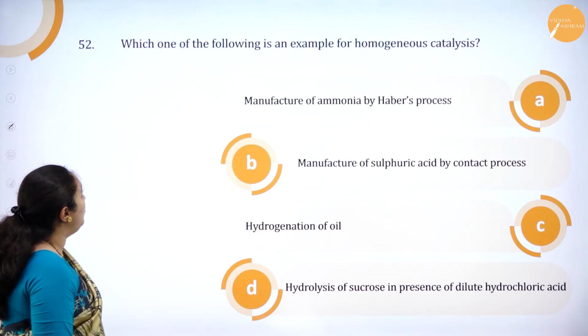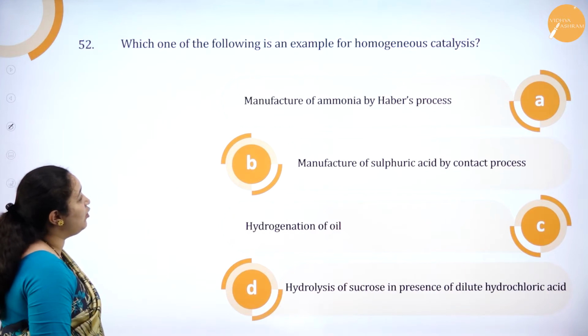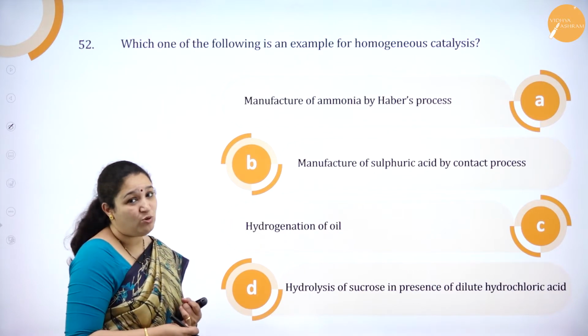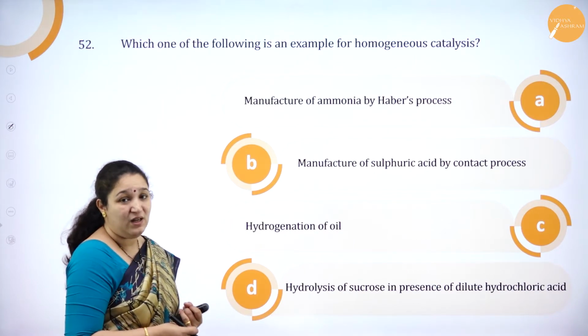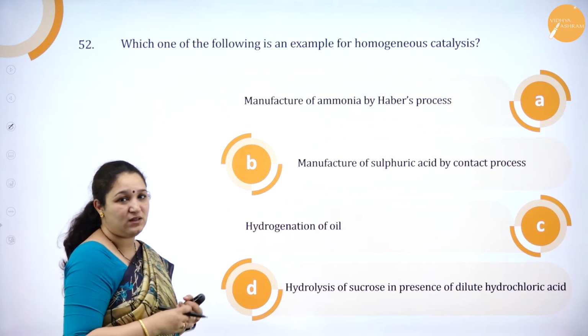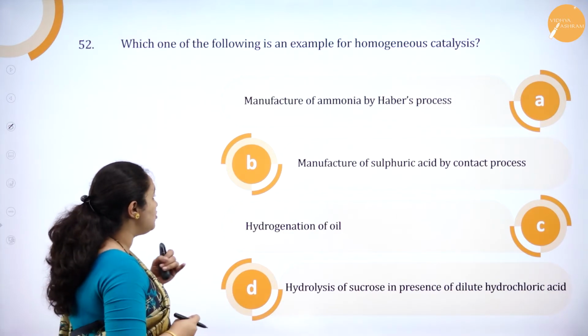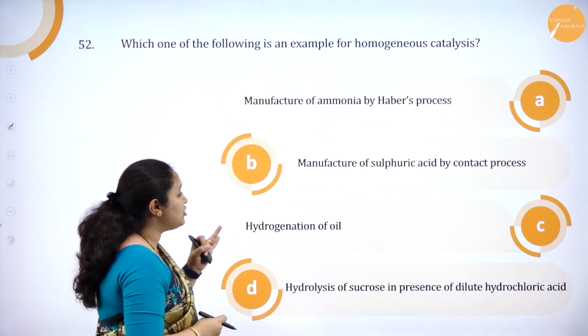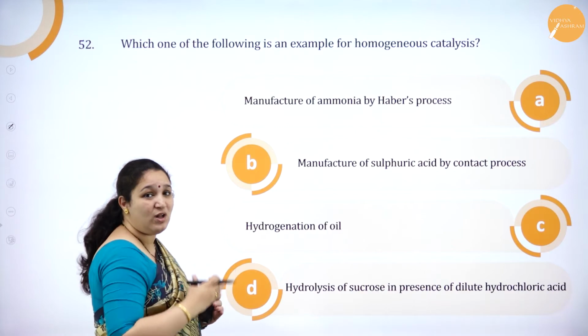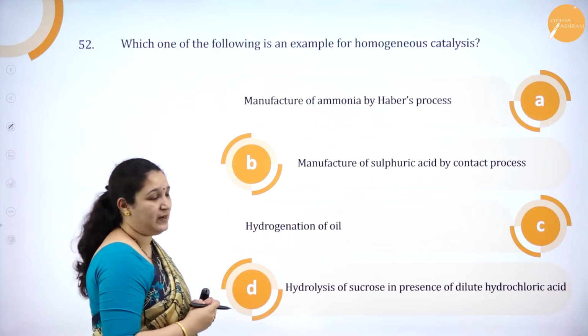Next question, which one of the following is an example for homogeneous catalysis? Manufacture of ammonia by Haber's process? That's not homogeneous catalysis, is it? Because we are using iron as a catalyst, which is a solid, and gases are the reactants, isn't it? So that cannot be used. Manufacture of sulfuric acid, again you are using gases and you're using a solid as a catalyst, that is vanadium pentoxide.